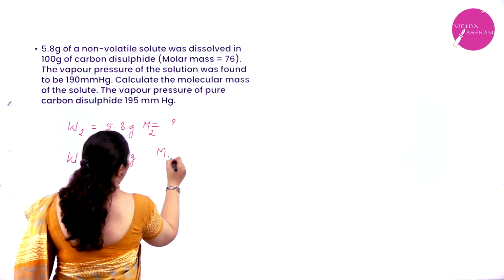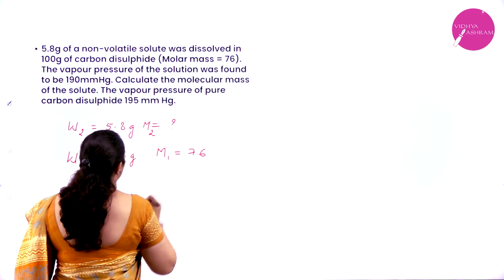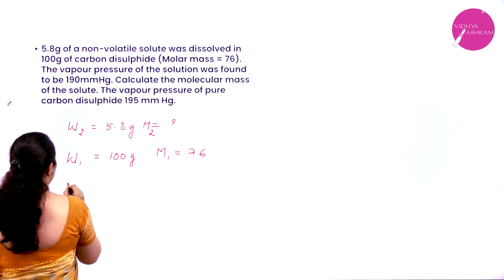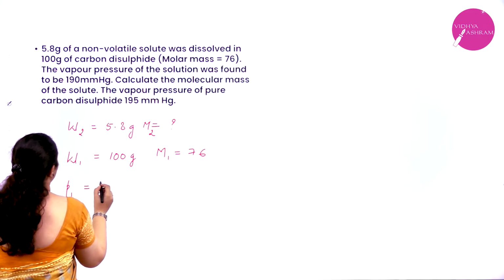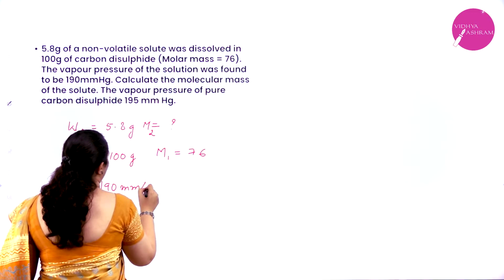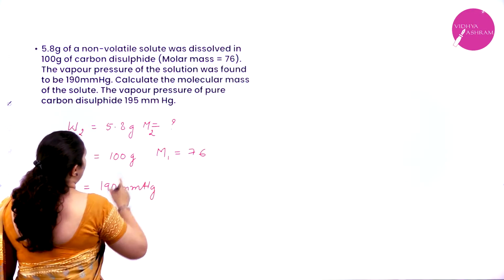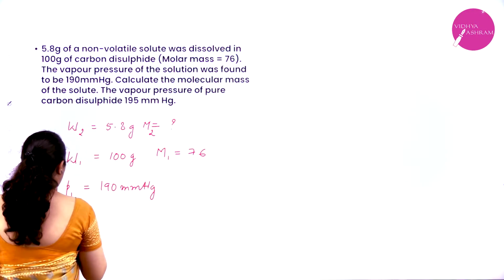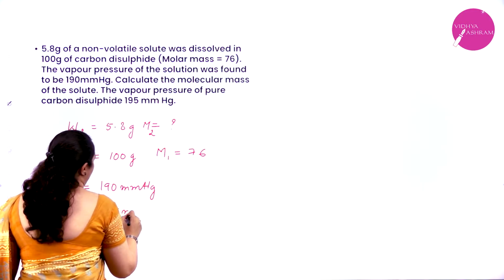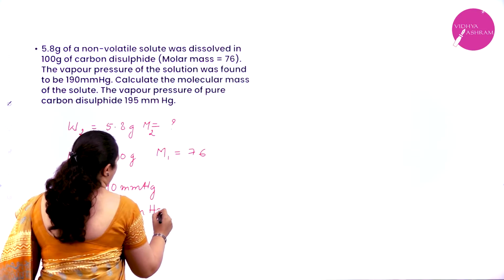Molecular mass of carbon disulfide is 76. Vapor pressure of the solution, so it is P1 is given, that is 190 millimeter of mercury, whereas vapor pressure of pure carbon disulfide is 195 millimeter of mercury.